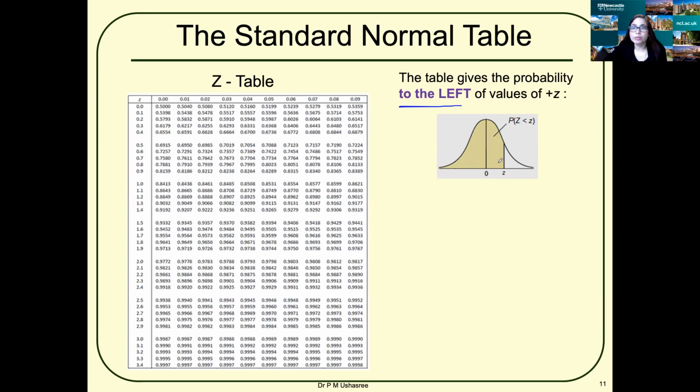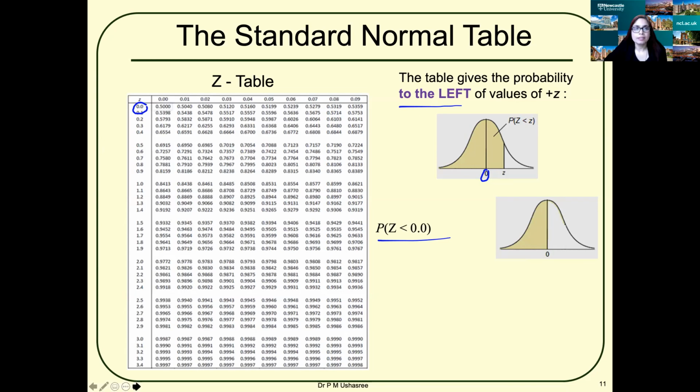That's what you're going to use here: to the left. So the probability of Z less than 0, look for the value here, and that is this shaded region. This is the probability you're going to find here, Z less than 0.